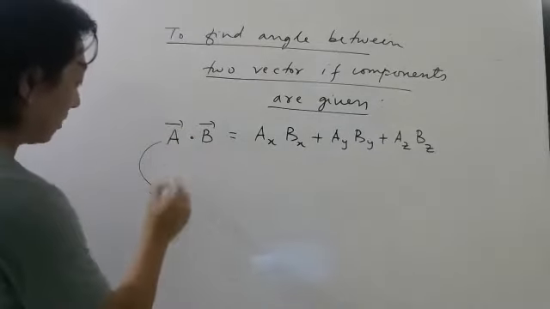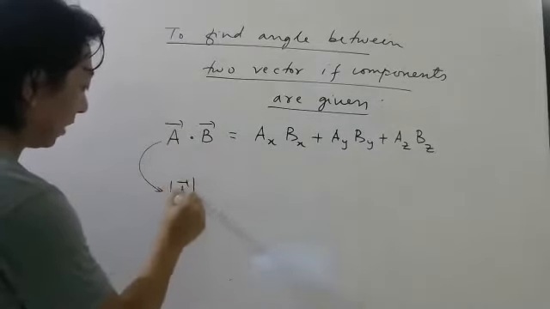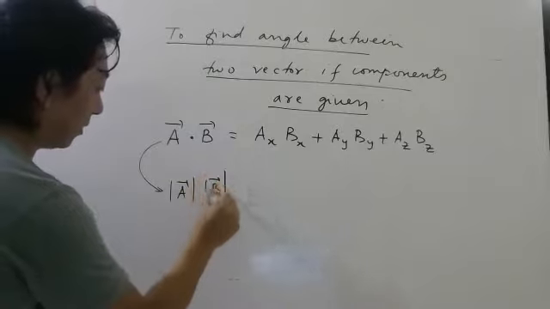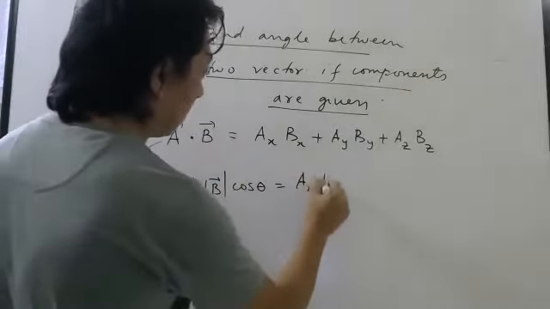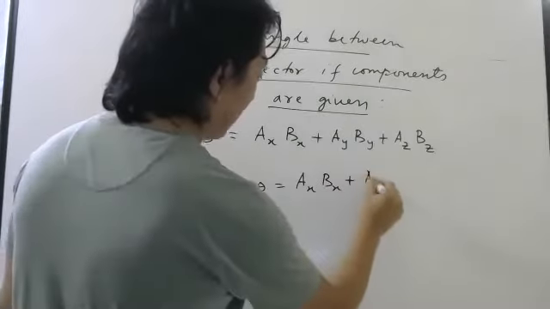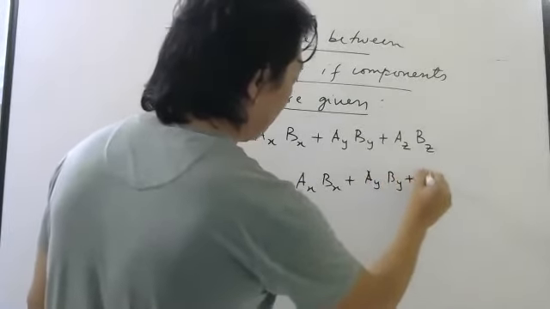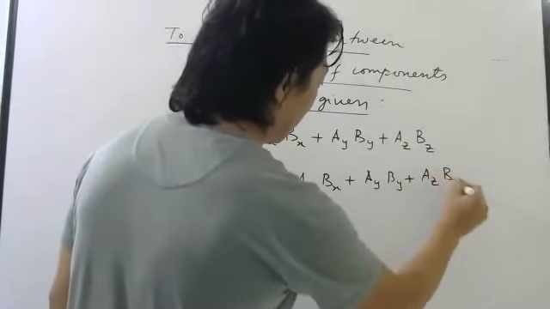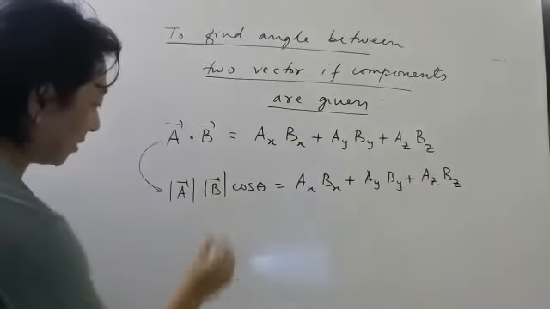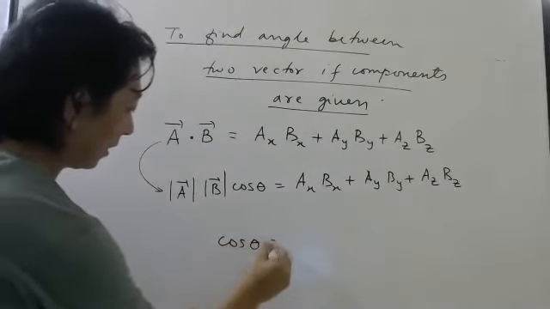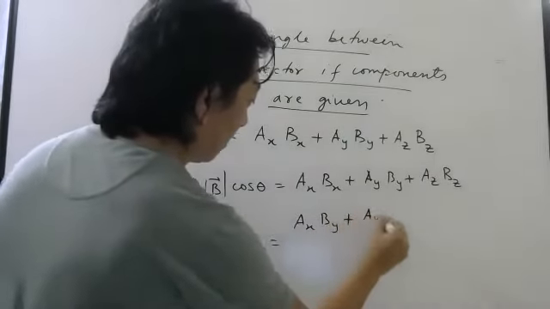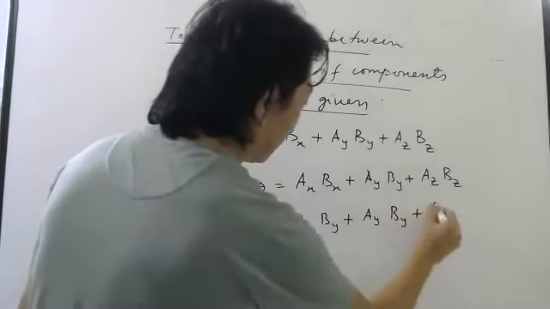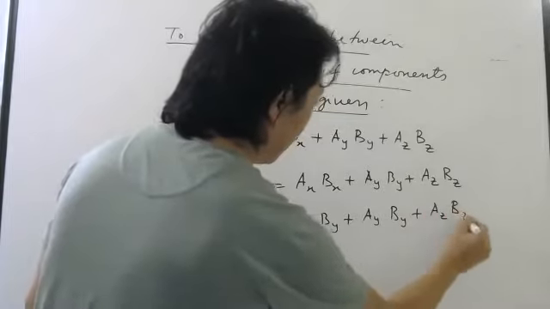So in place of this, I can write modulus of A, modulus of B, cos theta, equal to AX BX plus AY BY plus AZ BZ. Then I can write cos theta as AX BX plus AY BY plus AZ BZ divided by these two.